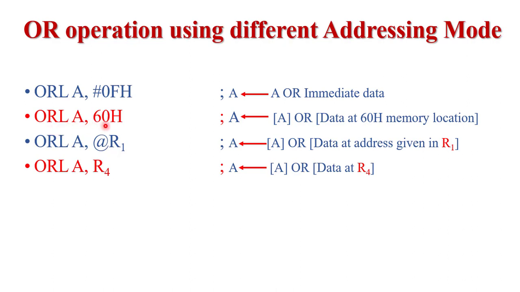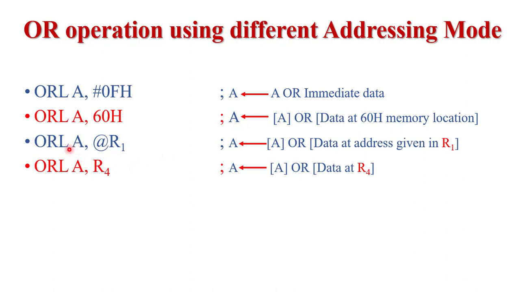This instruction is the example of direct addressing mode because in this instruction direct address of the data is given. 60H is the address of the memory location where data is stored. So this instruction tells that perform the OR operation between the accumulator content and the data stored in the 60H memory location and the result is stored in the accumulator register.